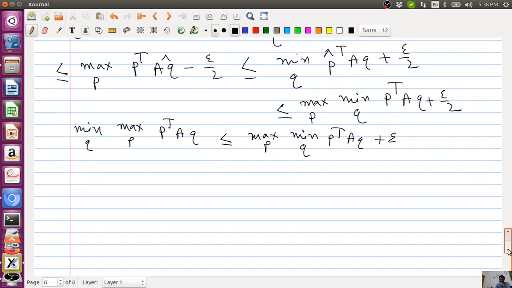Now recall that epsilon was arbitrary, and I can carry through the entire argument for any epsilon. So this inequality must hold for every value of epsilon, which means that these two quantities must be equal.